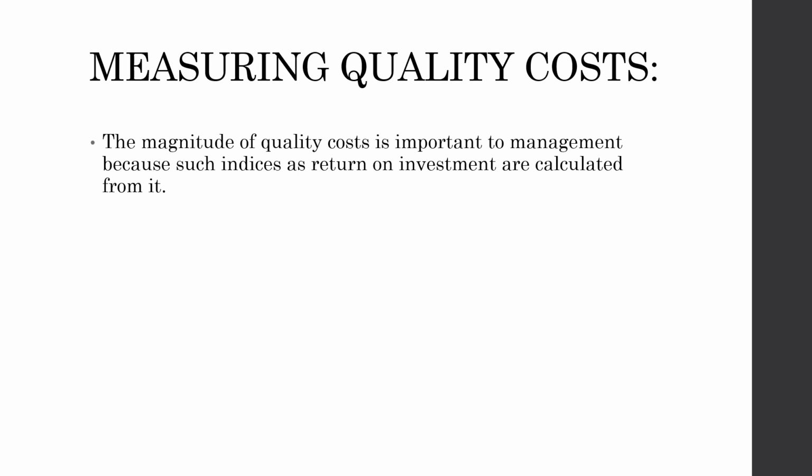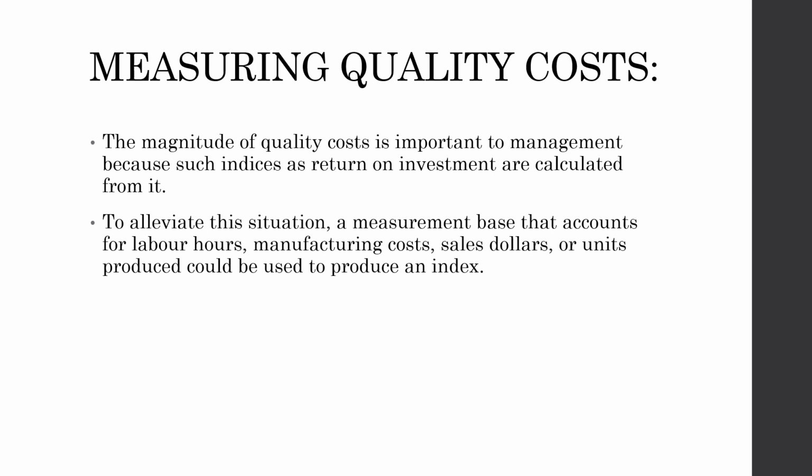The number of units produced may change, which affects the direct costs of labor and materials, so the total cost in dollars may not be comparable. To alleviate the situation, a measurement base that accounts for labor hours, manufacturing costs, sales dollars, or units produced could be used to produce an index. These ideas are discussed in detail in the following slides.